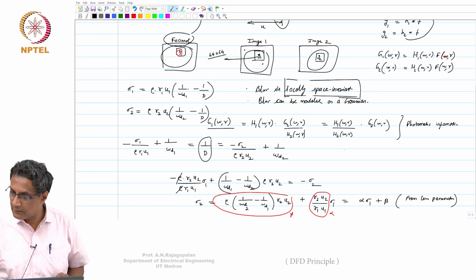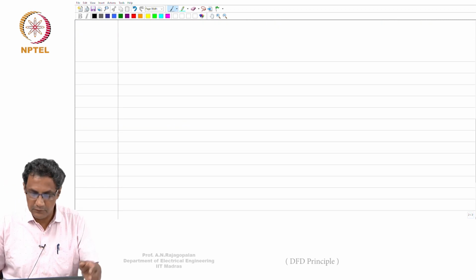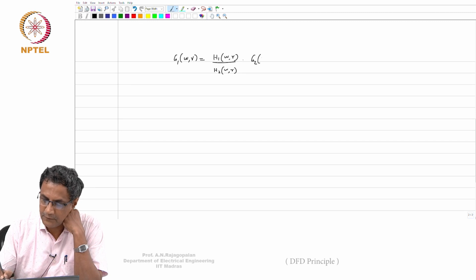G1 is equal to H1 by H2 times G2. Let's go to the photometric thing, which is the intensity. So we had G1 of omega nu is equal to H1 of omega nu by H2 of omega nu times G2 of omega nu.